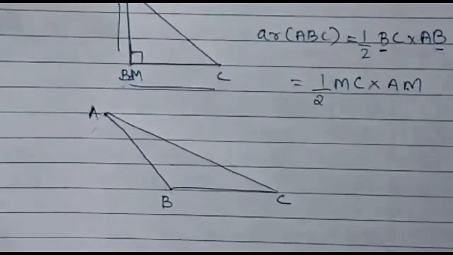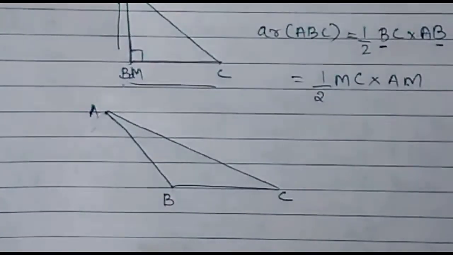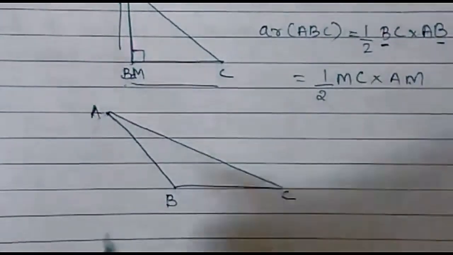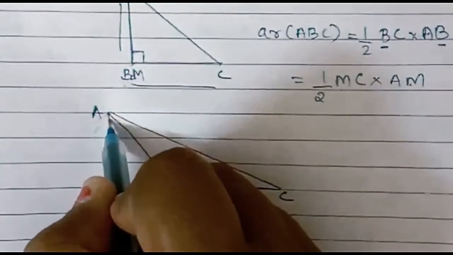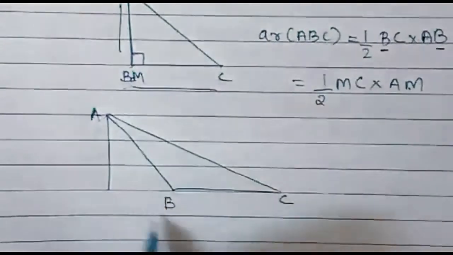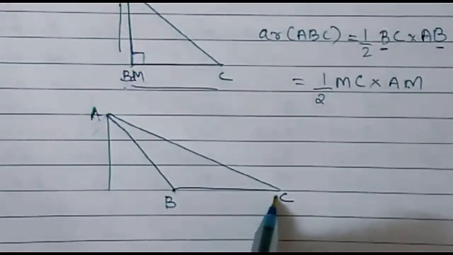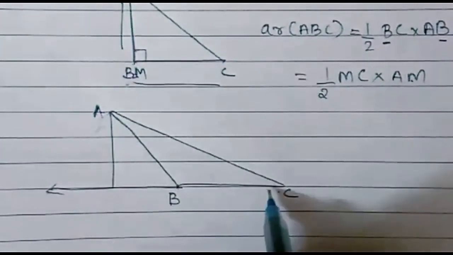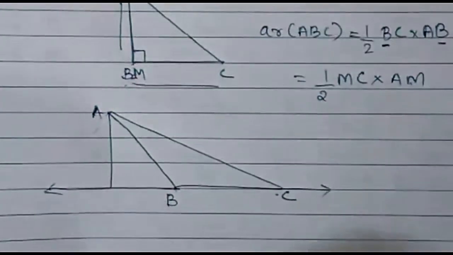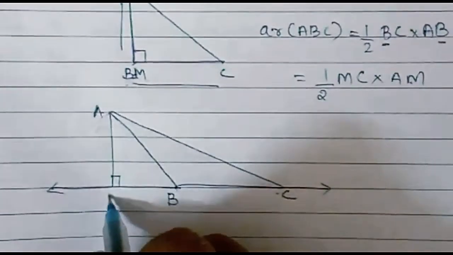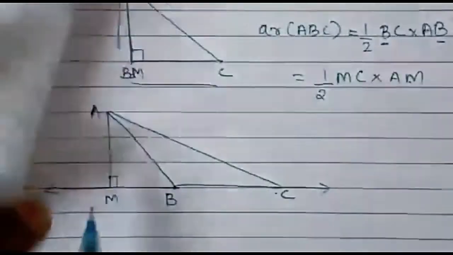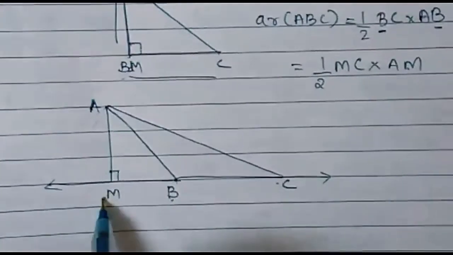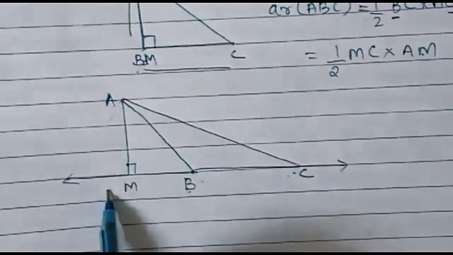But in the third case, if you have an obtuse angle triangle, when I am drawing an altitude from A, it will not be on line segment BC, so we will have to extend it. So this is called line BC, or we can say in other ways M lies out of line segment BC.